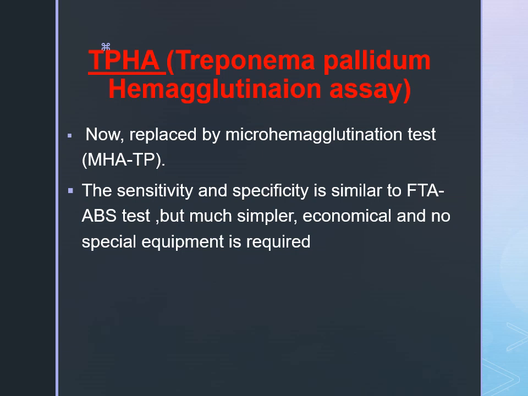So इसकी sensitivity and specificity is similar to the FTA, that is fluorescent test जो हम करते हैं antibody absorption test, but the thing is that बहुत simple है, इसके लिए आपको कोई special equipments की जरूरत नहीं है. It is very simple, economical, and no special equipment is required. So every lab is comfortable to do this test.